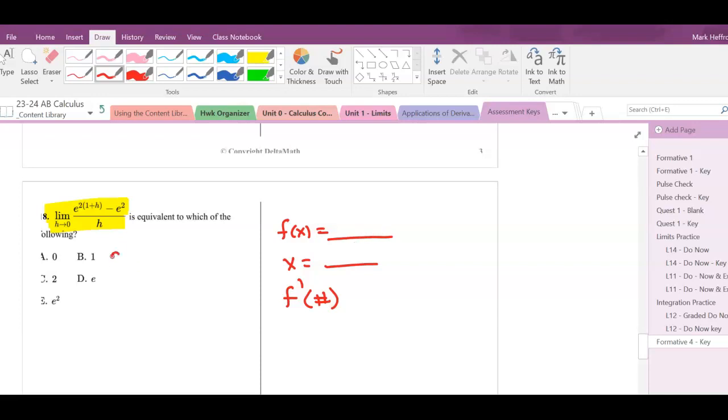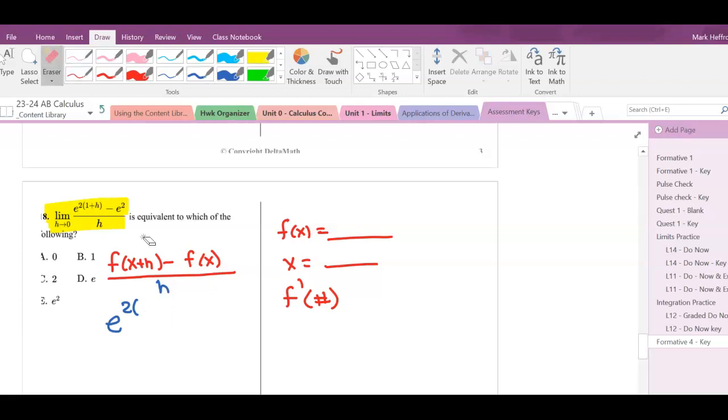So this is in the form of f of x plus h minus f of x all over h. So as I look at this, e to the 2 times 1 plus h.